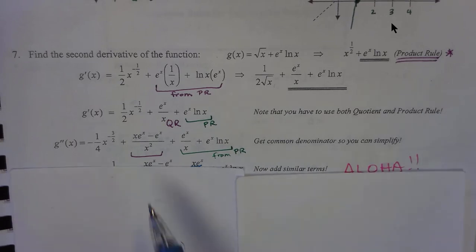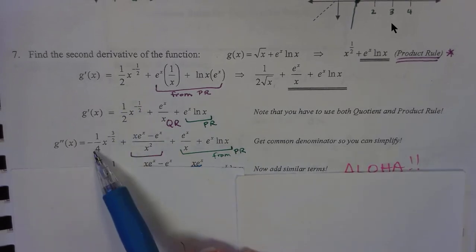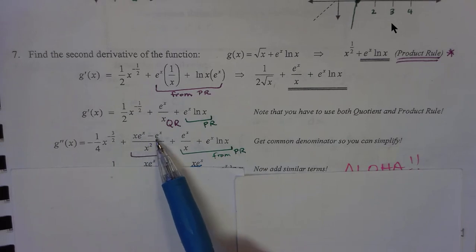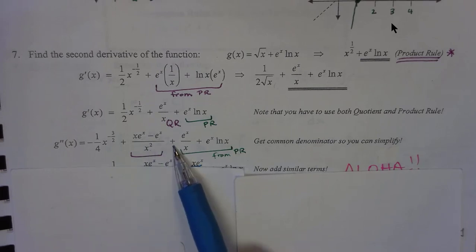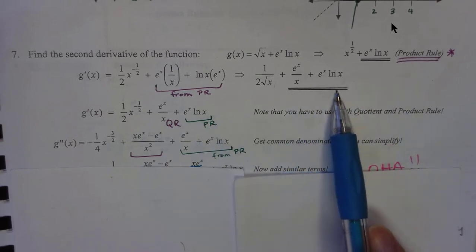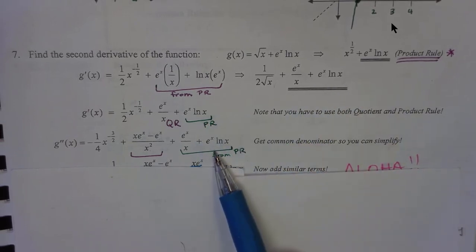So it gets messy. The derivative of this term, that's easy, it's algebraic. Quotient rule, low d high minus high d low over low low. X times e to the x minus e to the x times derivative of x is 1 over x squared. Plus, we already know all of this we found here is this. So I'm just going to substitute that in.